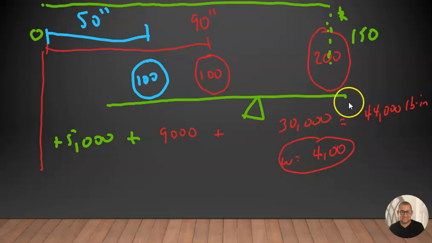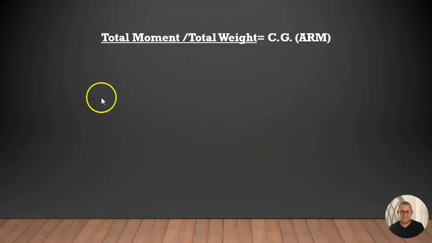Okay, so let me go ahead and go to the next slide. And there's the formula. We had our total moment, which we said was 44,000. We're going to divide that by our total weight, 400.